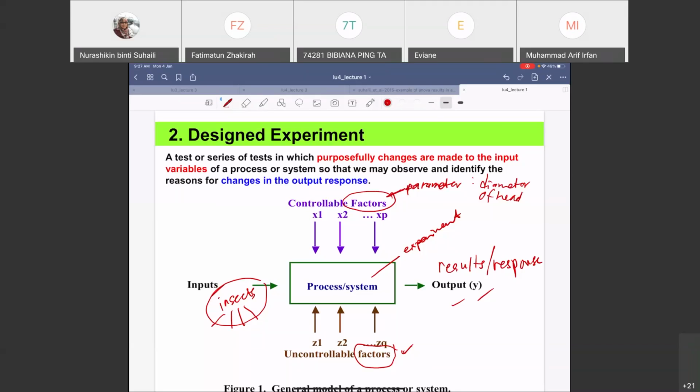For example, something to do with the environment. For instance, you collect samples of insects, and the uncontrollable factor is perhaps the weather, or something about the environment.